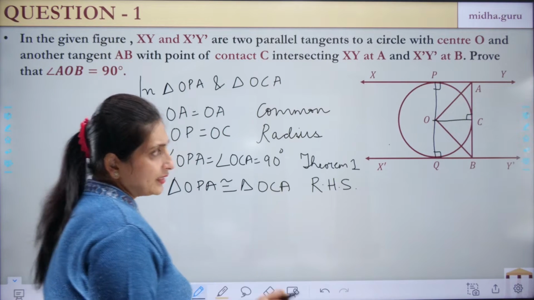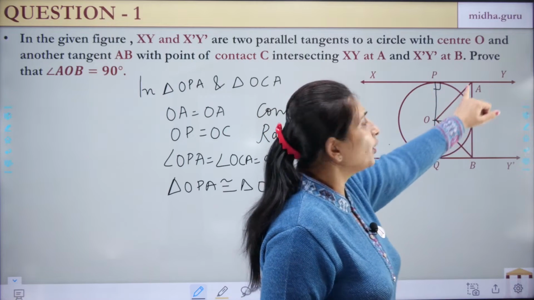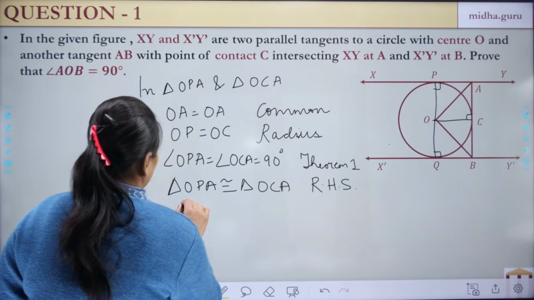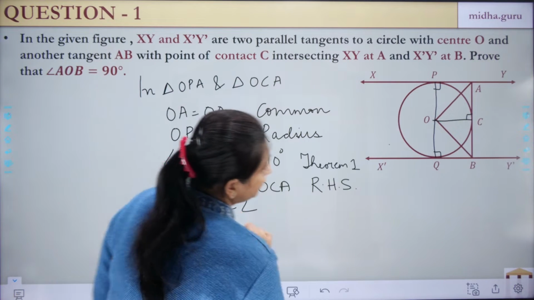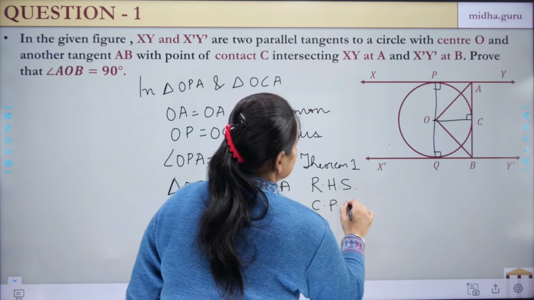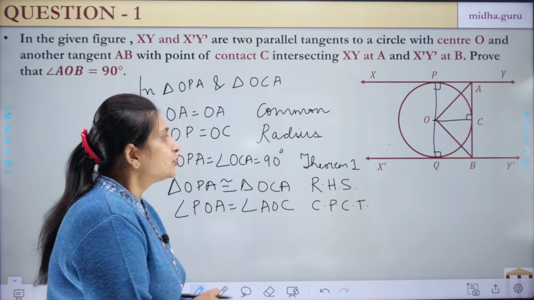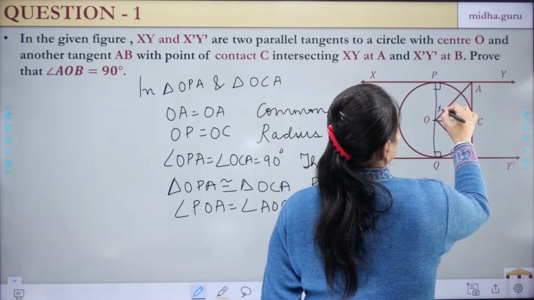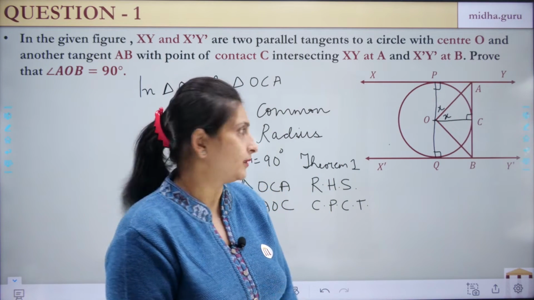So now, after proving them congruent, we can say angle POA is equal to angle AOC by CPCT, corresponding parts of congruent triangles are congruent. Let us assume these two angles as x.